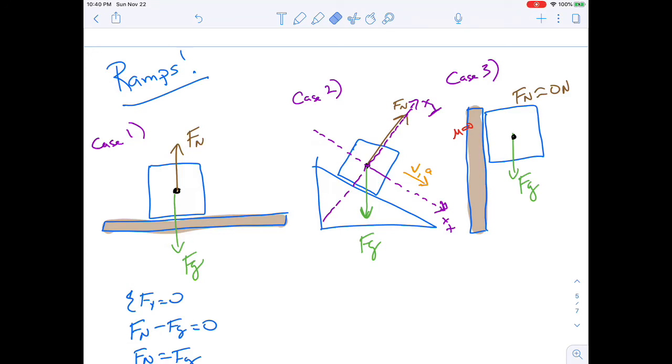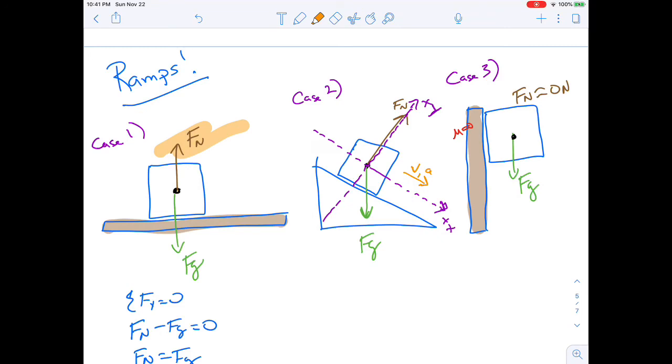The one thing I do want to mention before we go away is that in all 3 cases, gravity still points straight downward. That's not going to change. Gravity's going to pull straight downward. But what you really need to understand is that when you're on a horizontal surface, the normal force is obviously going to be maximized.